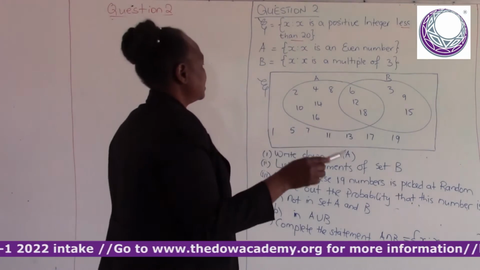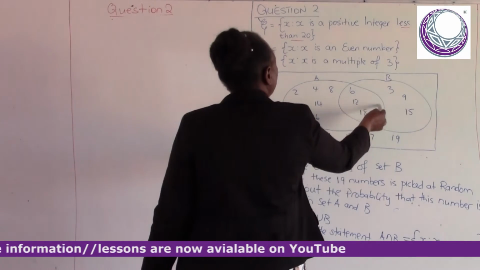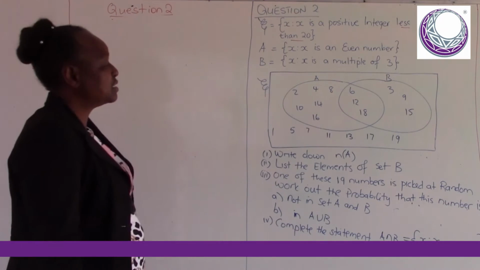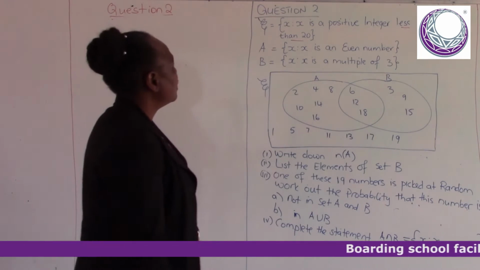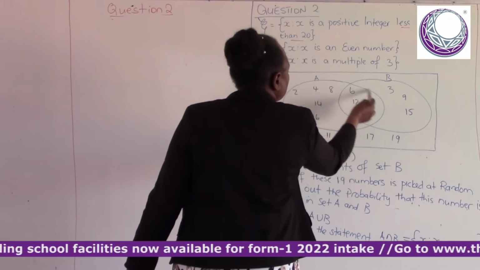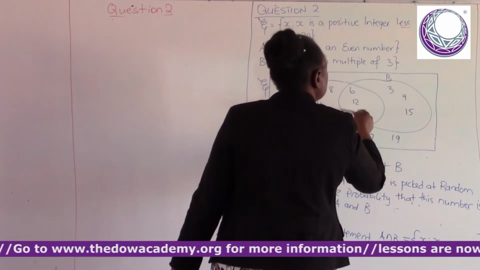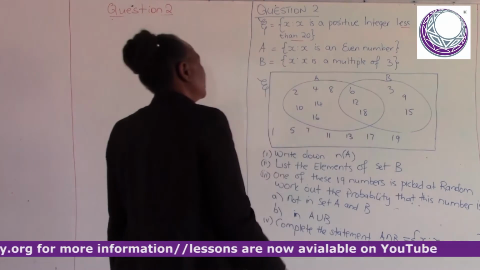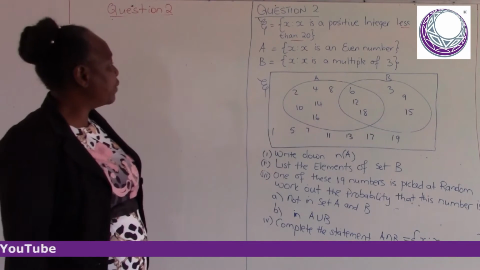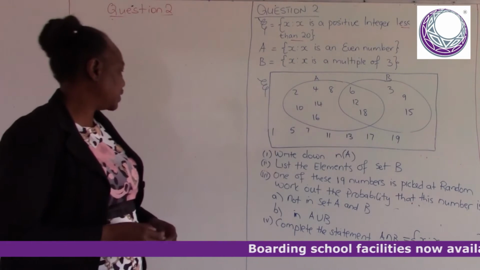Please note that anything within this boundary belongs to set A. Before you rush to answering questions, try and find out, it's always the case that these things make sense. These are even numbers, so this is our boundary for even numbers. These are multiples of 3, and this is the boundary for B. When you check, these are the numbers that will not belong to A or B. They are neither even numbers nor multiples of 3.